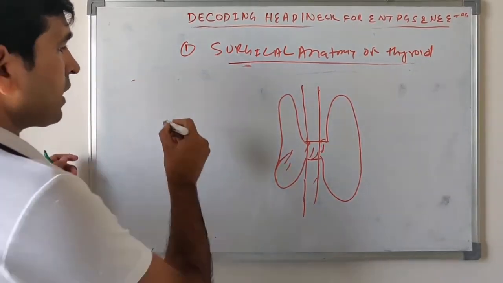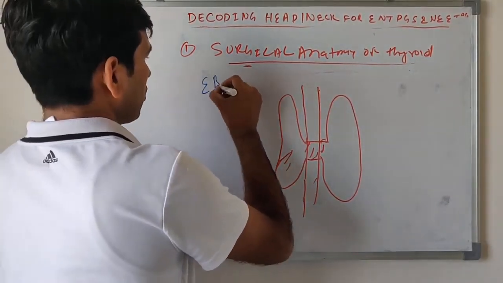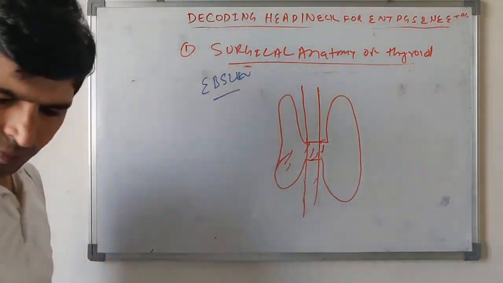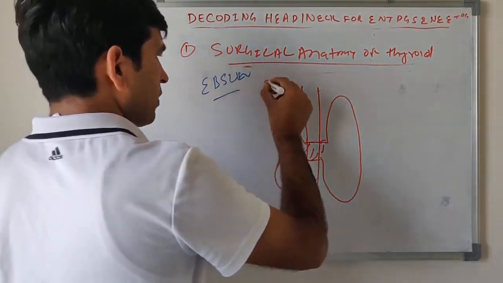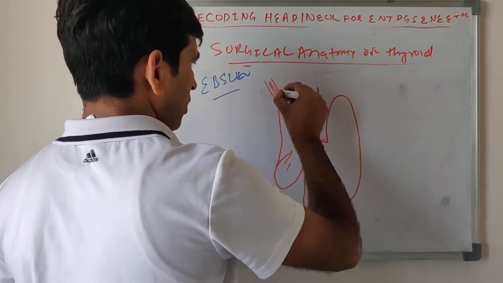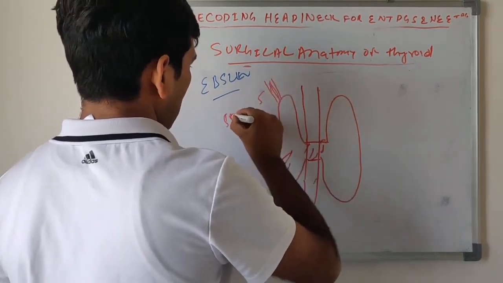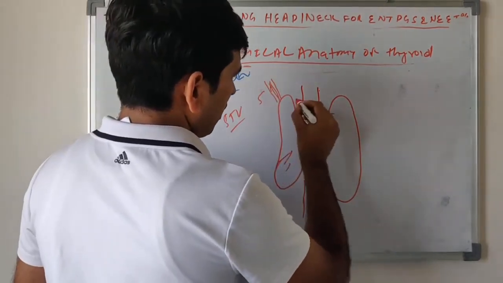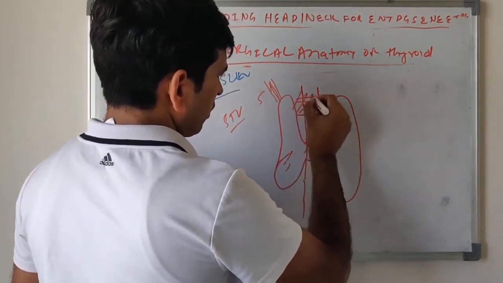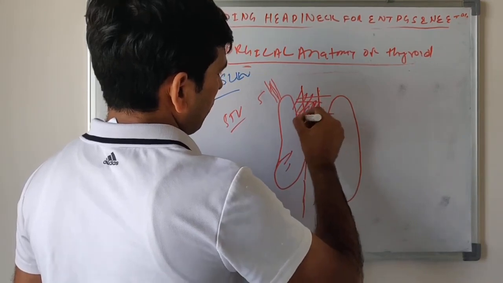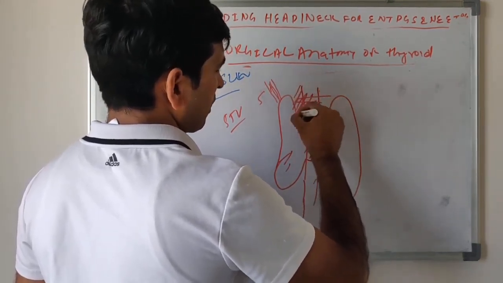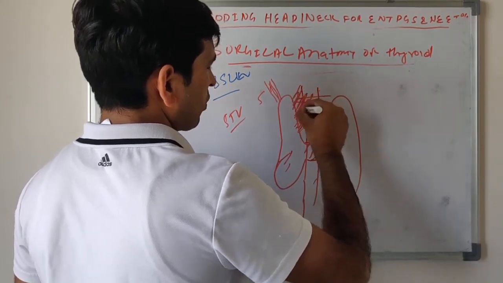If we talk about the external branch of the superior laryngeal nerve, these are the vessels coming from the upper pole, the superior thyroid vessels, and here is the cricoid. So this is the cricothyroid muscle. Behind this you may find the inferior constrictor muscles.